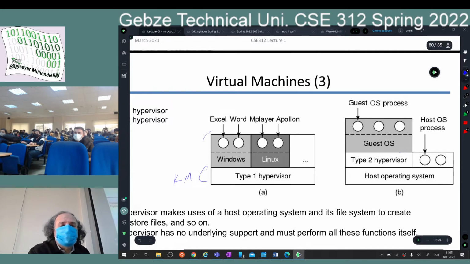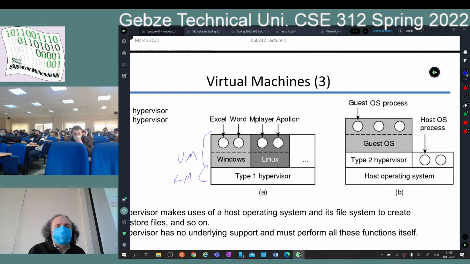They all run in user mode, but Windows doesn't know that it is running in user mode. It thinks that it has the privilege to change the I/O registers whenever it needs to, but whenever Windows makes a change in the I/O register, it causes a trap. Hardware causes it, and that trap is handled by the hypervisor. That's what I am talking about: the hardware help.